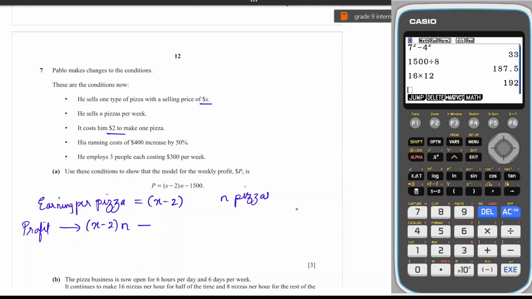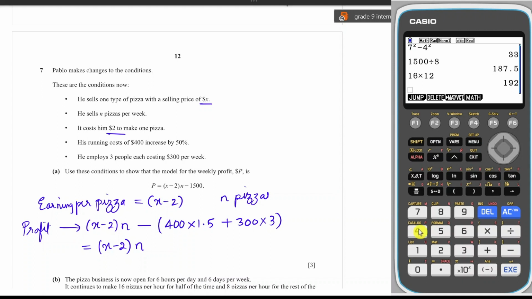From this, I have to subtract his costs. So his running costs are $400, but it is increased by 50%. So this is $400 into 1.5, plus he is employing 3 people, each costing $300. So this is 300 into 3. So the total cost comes out to be, this must come out to be 1500.